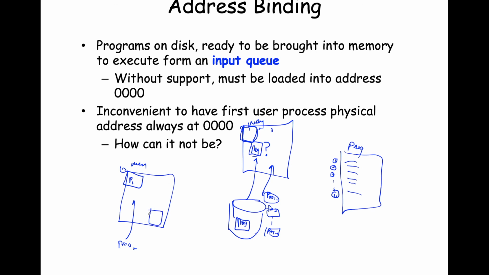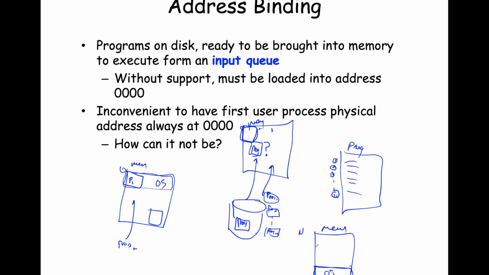Sometimes you want to load it other places. And by the way, there's already a process sitting there at address 0. That's your operating system. Often when you see memory drawn in the book, it's drawn so that the low addresses are at the bottom, 0, and the high addresses are at the top. And the operating system is always occupying memory starting at address 0, and technically it's the bootloader that runs in the beginning.